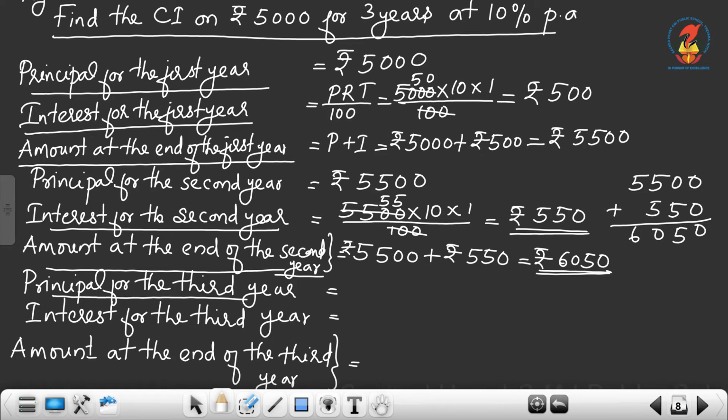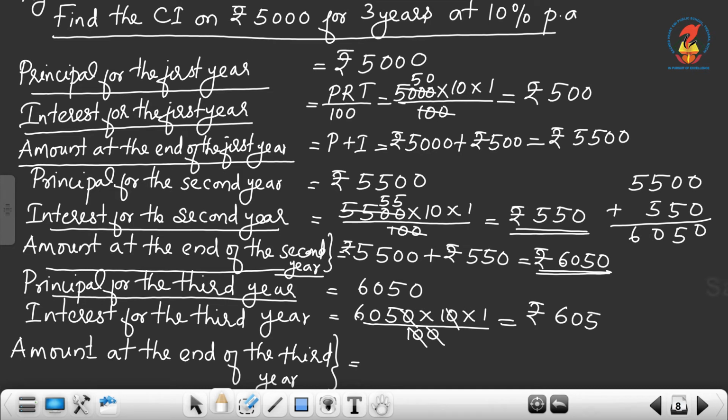So that will be the principal for the third year, that is 6,050. The interest for the third year using the simple interest formula, 6,050 into 10 into 1 by 100. We can cancel, and we will get rupees 605.